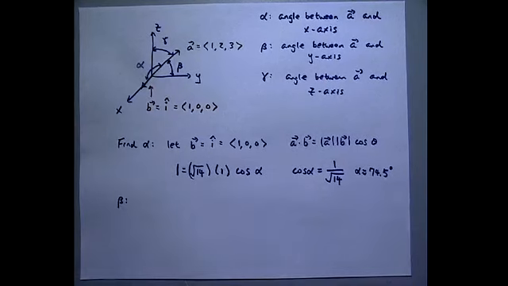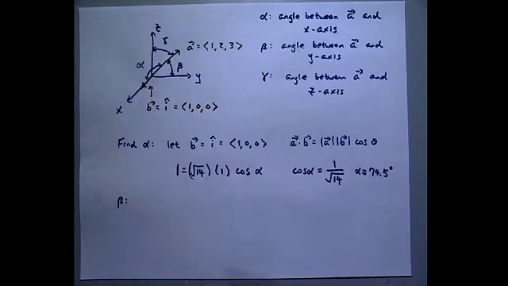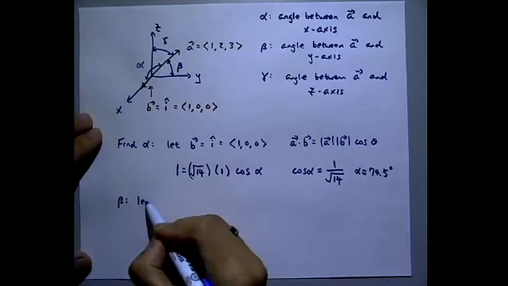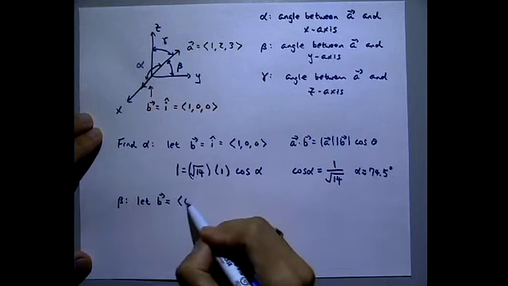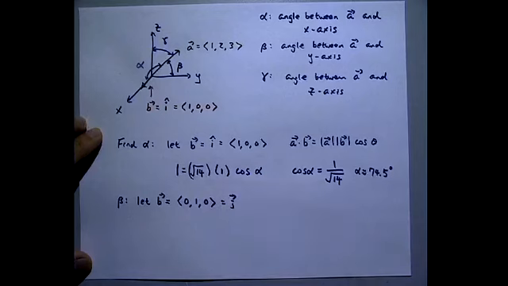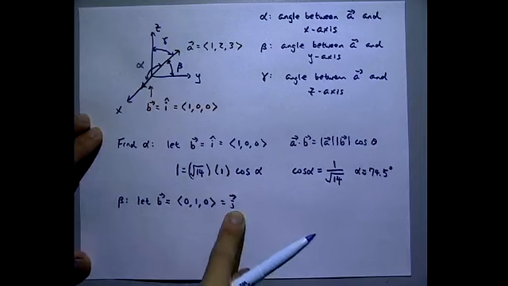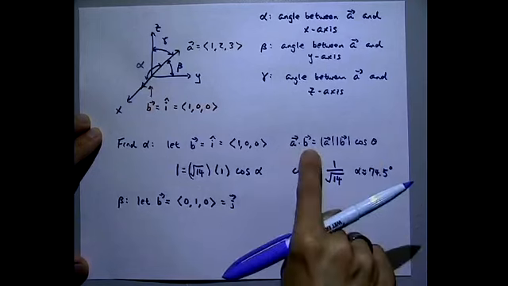To find beta, we use the same trick. We find a new vector, b, that sits on the y-axis. For convenience, we use the j vector. The magnitude is 1. Use the same formula again, a dot b.